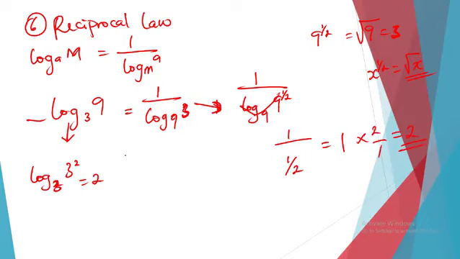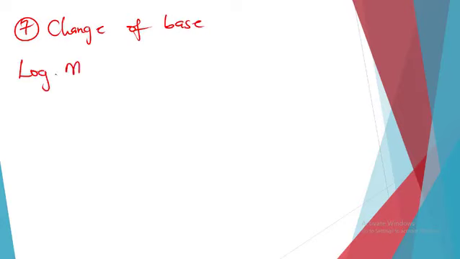Do we understand now? So let us take the last law, the 7th law, which we'll call change of base. If we have log m base a, it's equal to log m base y all over log a base y.